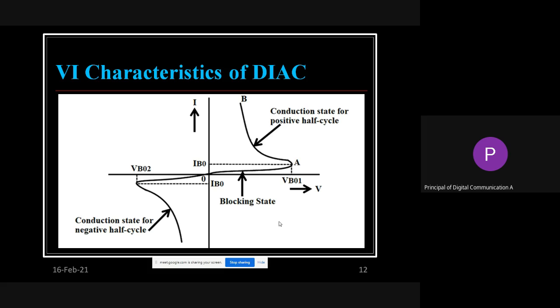The VI characteristic, that is, when it is in forward bias and when it is in reverse bias. Means what?